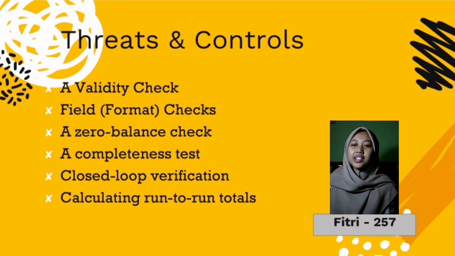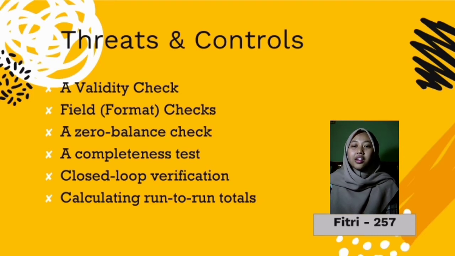Next is a zero balance check to verify the total debits equal the credits in a journal entry. This is the basic accounting explanation that the debit and the credit must be equal. Fourth, there is a completeness test to ensure that all pertinent data are entered, especially the source of the journal entry.